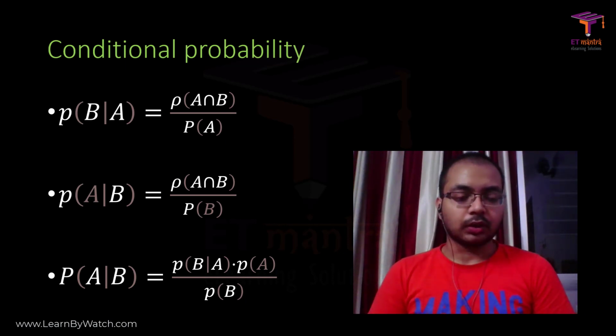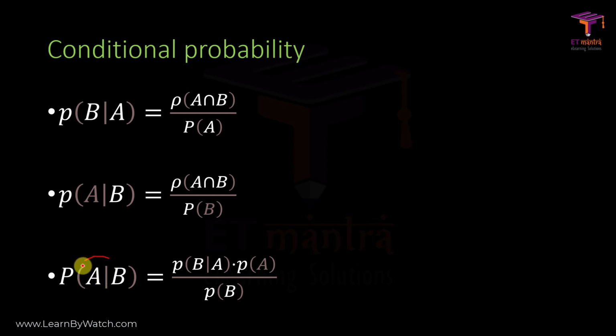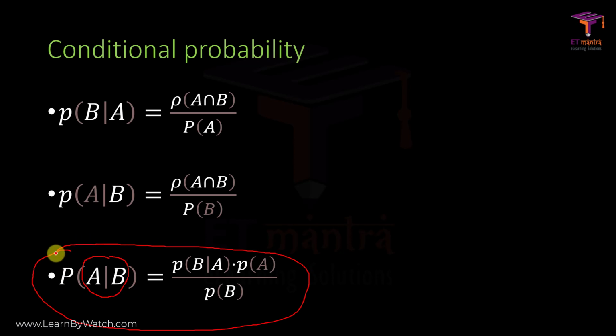So the probability of A happening when event B is given is equal to probability of event B happening given A into probability of A, by probability of B. This thing which I am telling, that probability of event A happening given B, we can also call it as probability of A by B. So this equation will be important for a model, and you should keep in mind for the following slides.